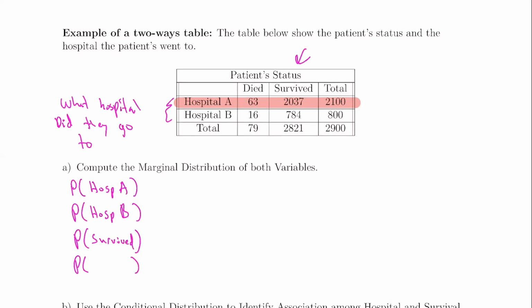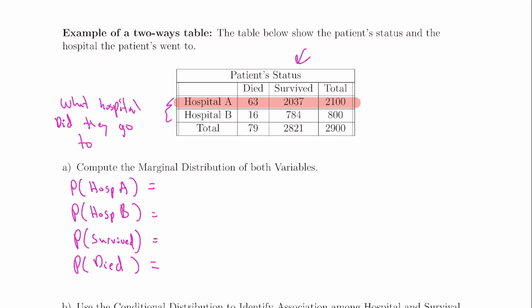Lastly, what's the last marginal distribution I could find? Died. Perfect. All right. So for this one, we want to find the probability that somebody went to hospital A, somebody went to hospital B, somebody survived, and somebody died. So let's go ahead and do this.